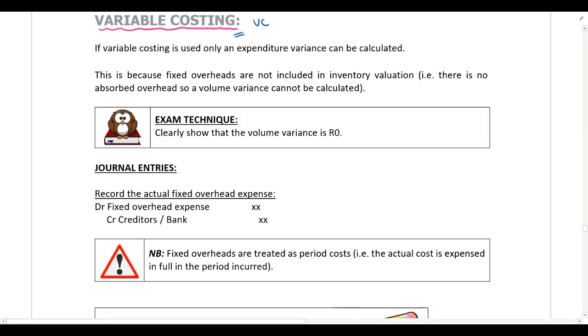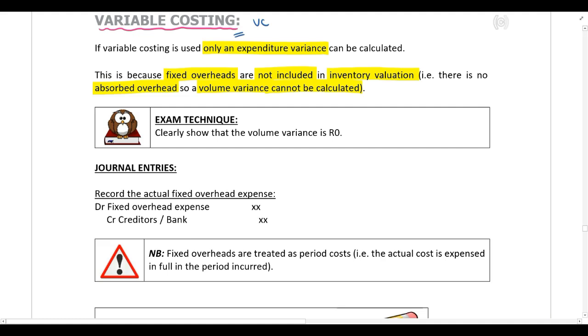And the reason for that is because fixed overheads will not be included in the value of inventory. So in other words, we don't have an absorbed overhead, so a volume variance can't be calculated.